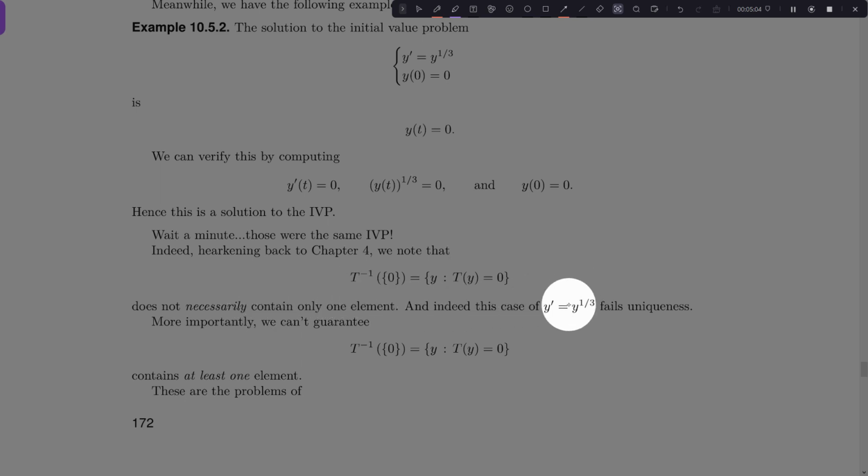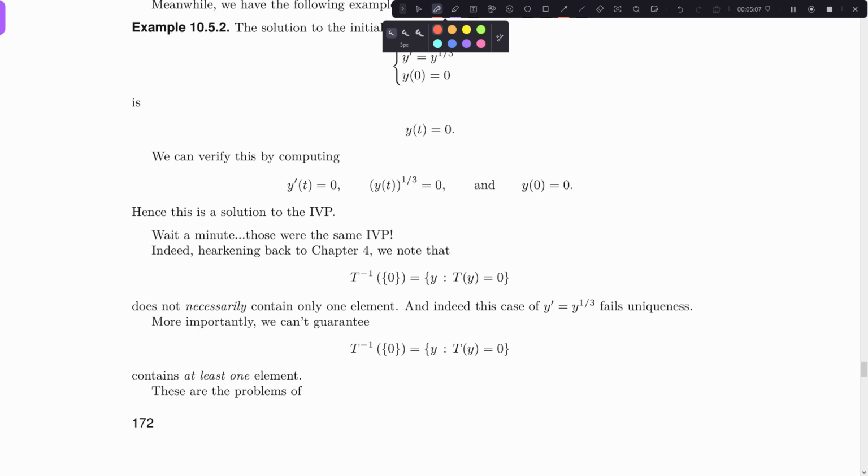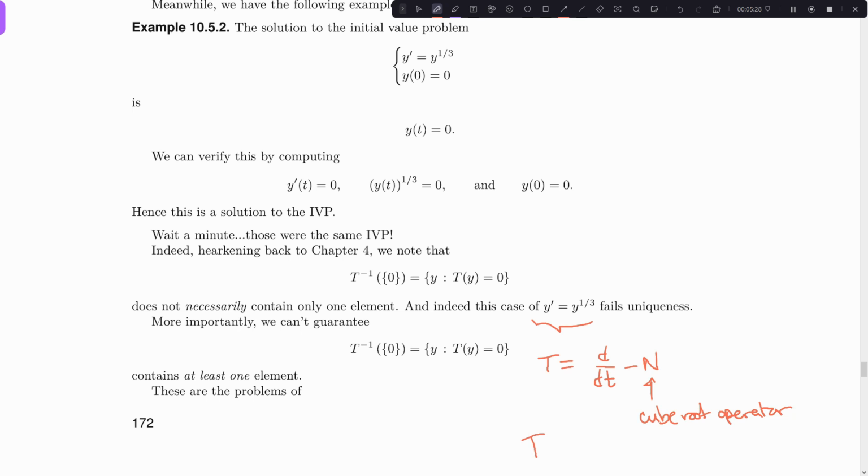If we really want to write this in the notion of chapter 4, this is T equals d/dt minus N, where N is the cube root operator. And in that setting, T of y is d/dt of y minus y to the 1/3. And so then the question is, when is this equal to 0? You find the preimage of 0, and that's your set of solutions. But the set contains more than one element.